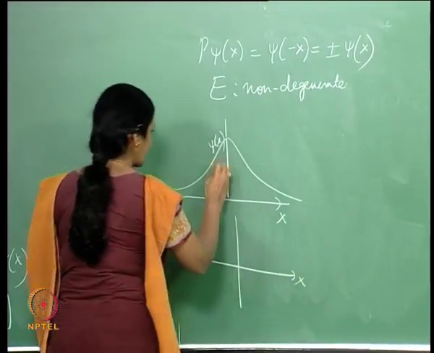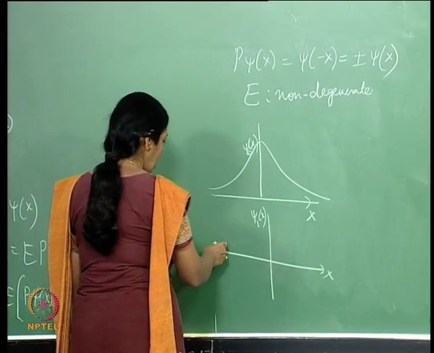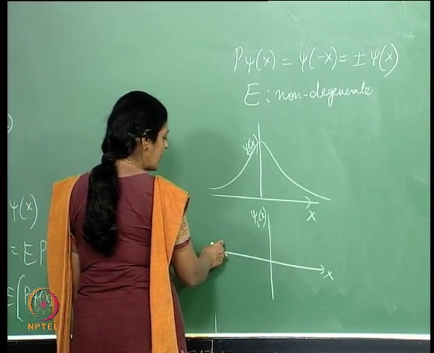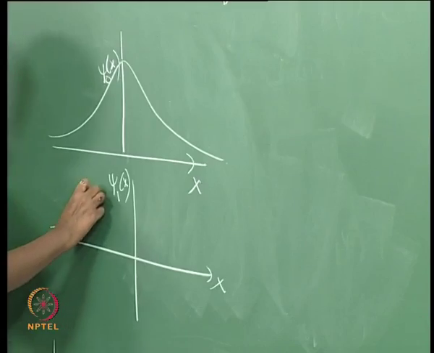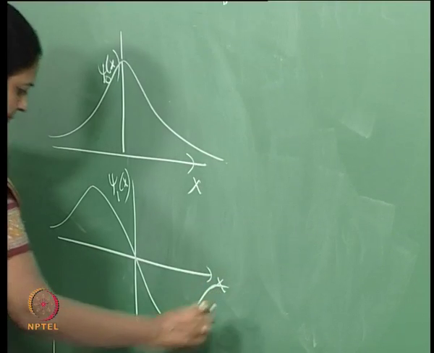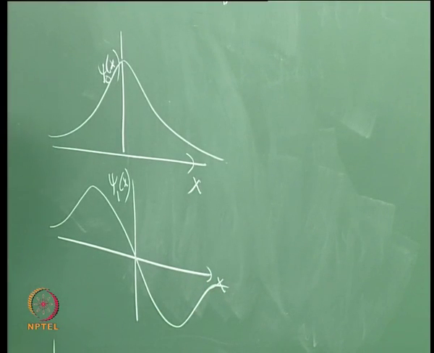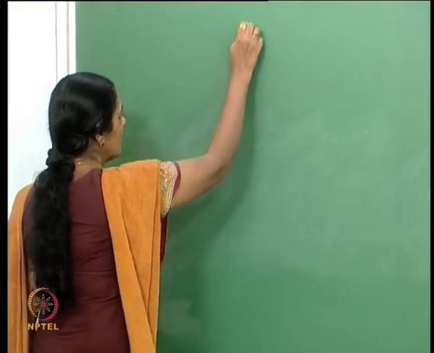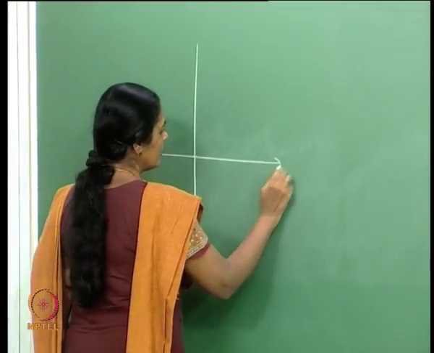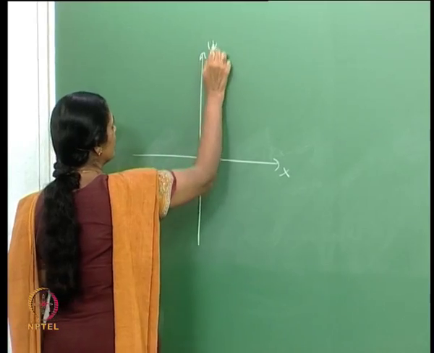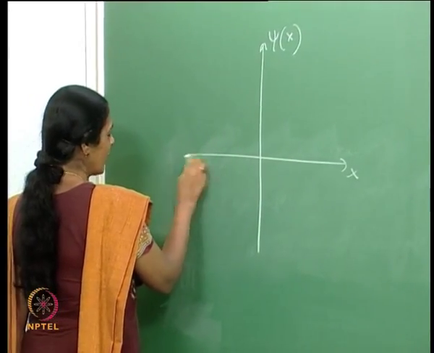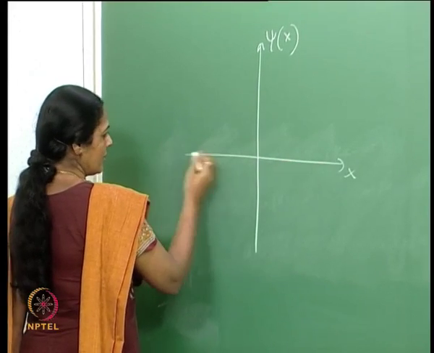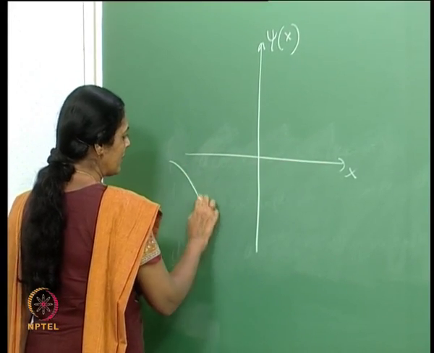Here is an odd function of x. As x goes to plus minus infinity, psi of x goes to 0. Like that. Look at this. This is another odd function of x. So x goes between its range minus infinity to infinity.